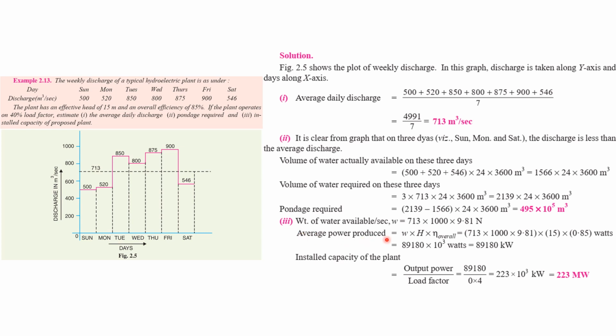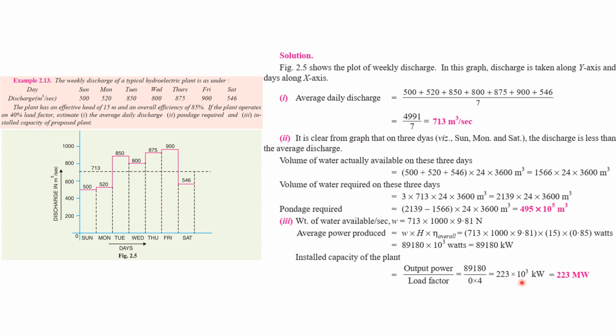So average power produced per week is weight of the water into height into overall efficiency. That gives you 89180 into 10 to the power 3 watts, or 89180 kilowatts. The installed capacity of the plant must be able to meet the maximum demand. Maximum demand you can find out by using this average power and dividing it by the load factor.